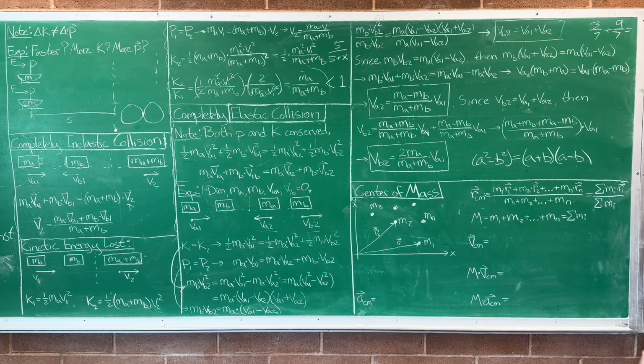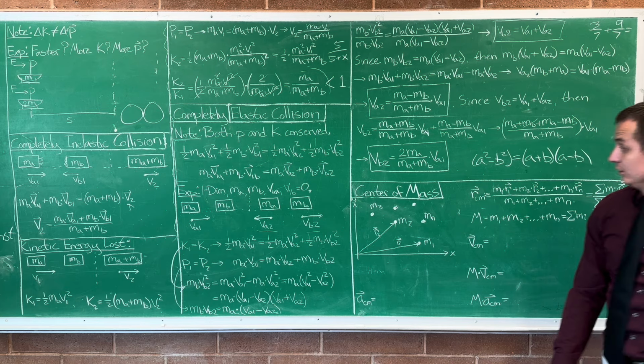Now we have MA plus MB plus MA minus MB. What do we notice? The MB cancels out with the MB, so how many MAs do we have? 2. So we have 2 MAs over MA plus MB, times VA1. And then you can't cancel out anything else. No, that's it. So there's our equation.